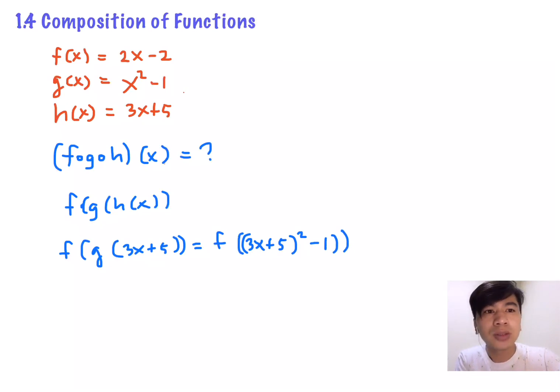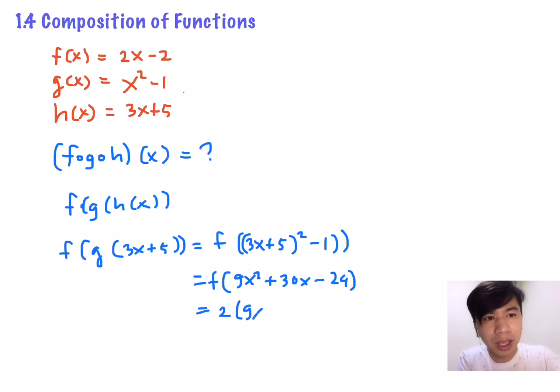Then we'll have f of 9x squared plus 30x plus 25 minus 1, which is 9x squared plus 30x plus 24. And then f of g of h of x will be 2 times (9x squared plus 30x plus 24) minus 2.